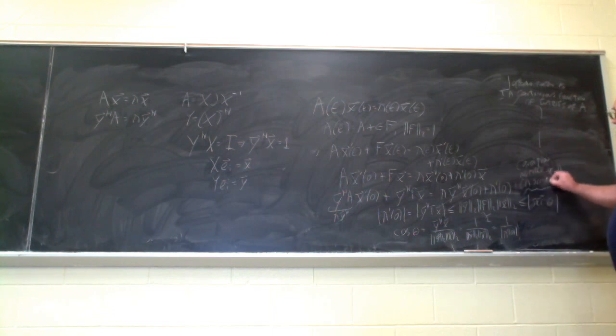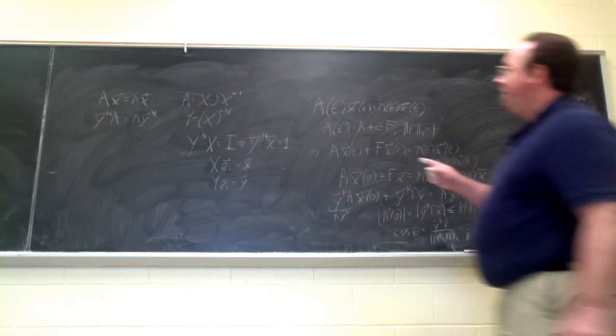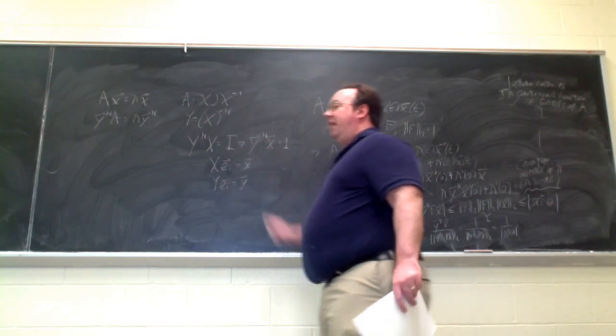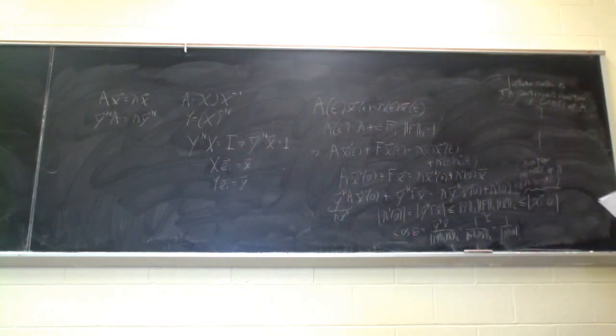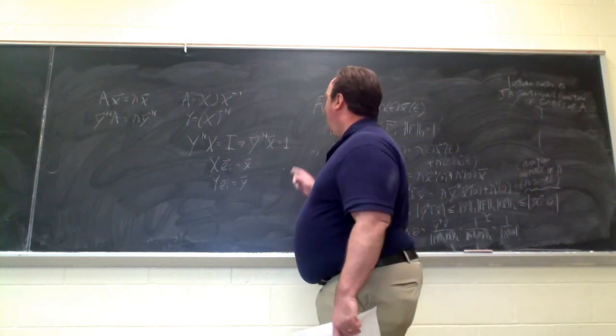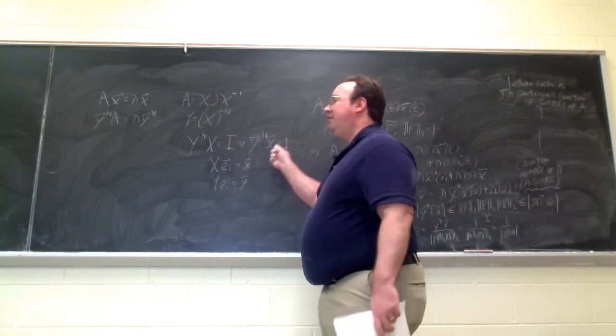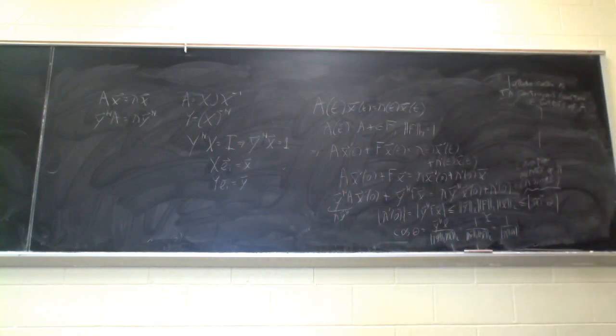I should mention lambda has to be a simple eigenvalue, multiplicity 1, because if it's not simple, then this doesn't work. If it's a repeated eigenvalue, especially if geometric multiplicity is greater than 1, I need to be sure to pick out the correct corresponding left and right eigenvectors to make this work. With a simple eigenvalue, I only have one of each, so I have a well-defined condition number. Otherwise, you have a multi-valued condition number.